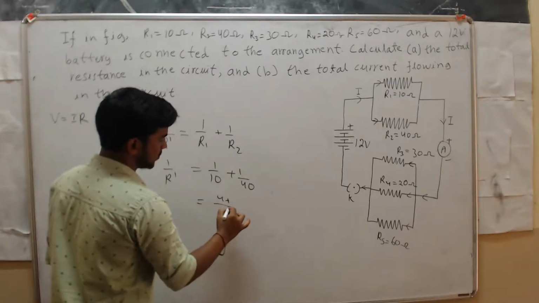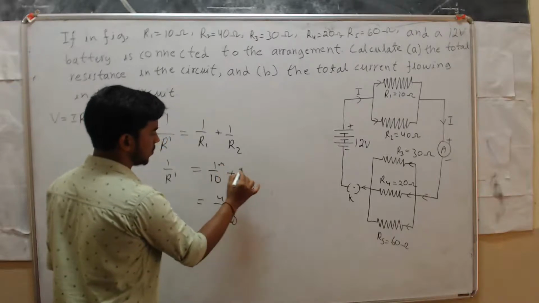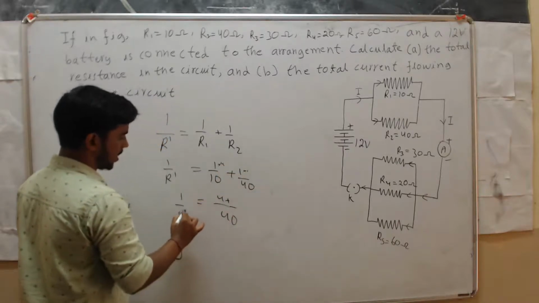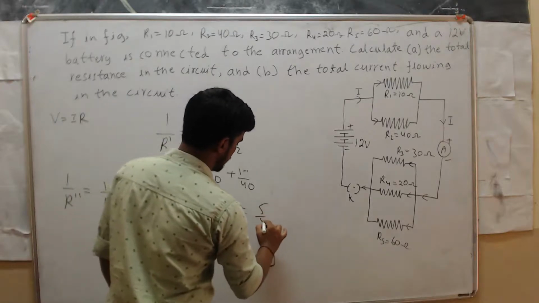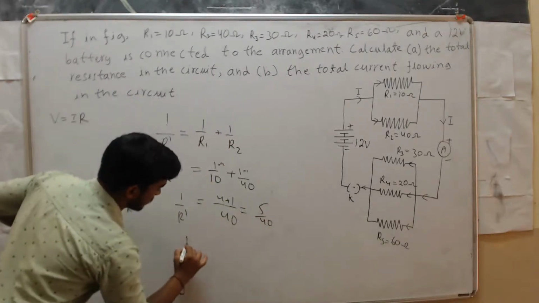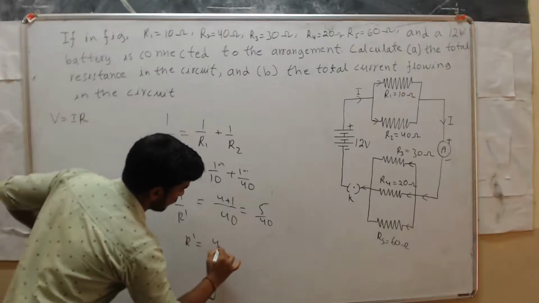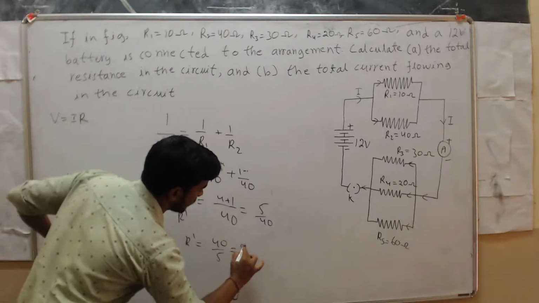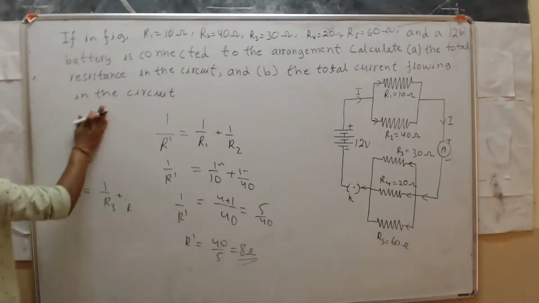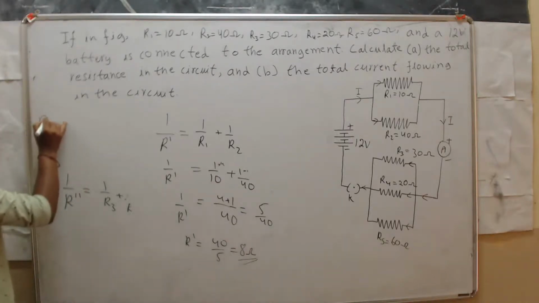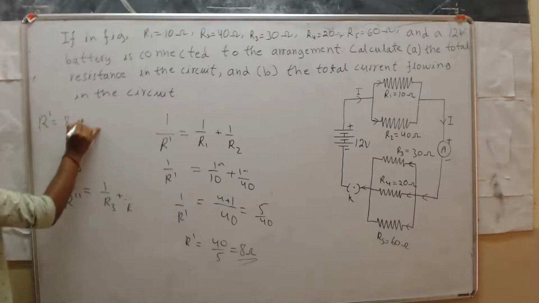Here 4 plus 1. Here you have to multiply 4 and here 1. So 1 by R dash is 5 by 40. We need R dash, right? So R dash equal to 40 by 5. That is 8 ohm. We got 8 ohm right here. So R dash is 8 ohm.